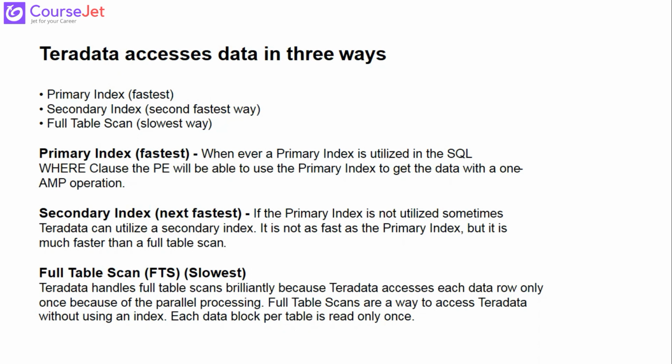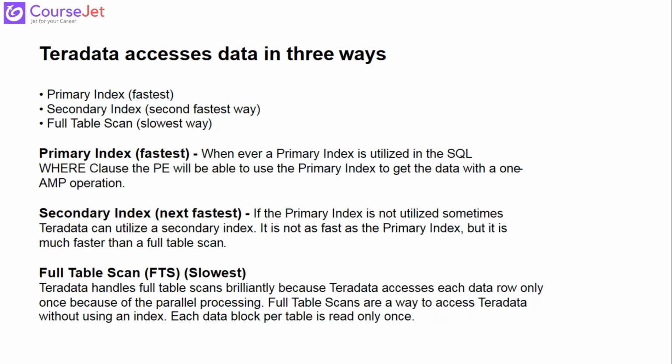So this will also avoid the full table scan. In case you are not having the secondary index, right? And we are not using the primary index in the where clause. In that case, what will happen? The system will scan each and every row from all the AMPs. So that is called a full table scan.